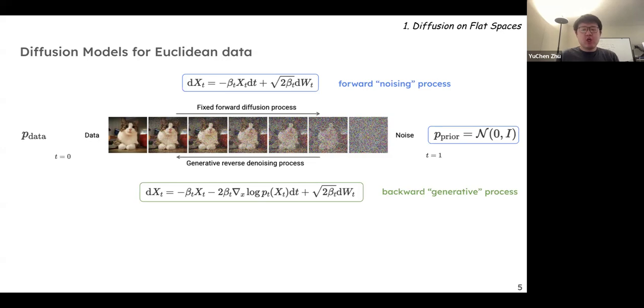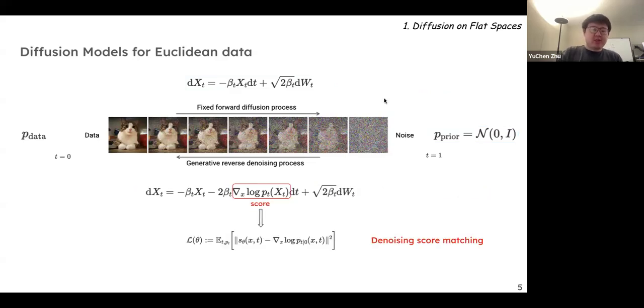And its time reversal, which is the backward generative process, reverses this process, starting from the prior and leading to new data generation as if sampled from the data distribution. But of course, this process cannot come for free. To do generation, you will need to learn something extra. Usually this is the score function, as I circled here, and this is typically done through optimizing the denoising score matching loss.